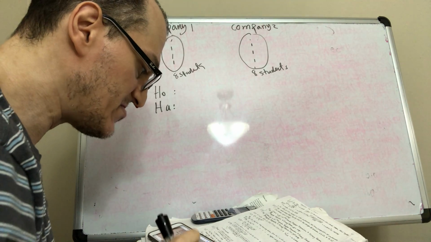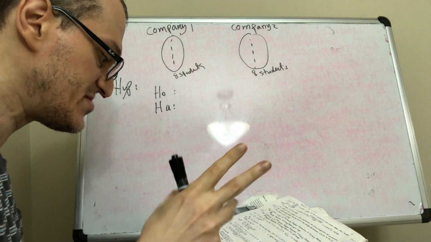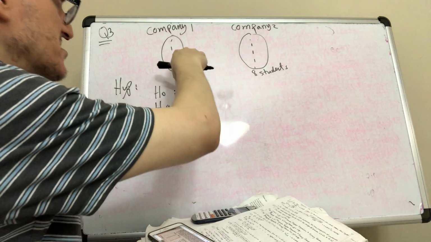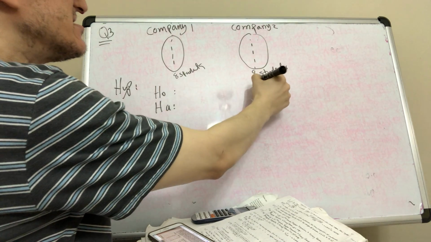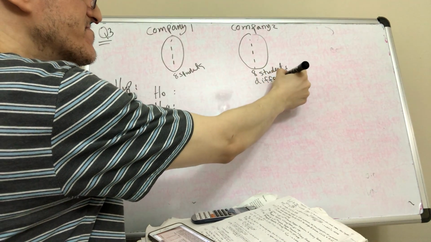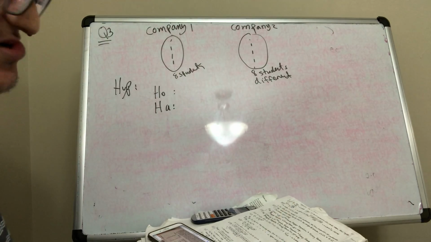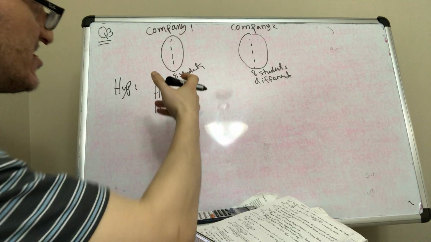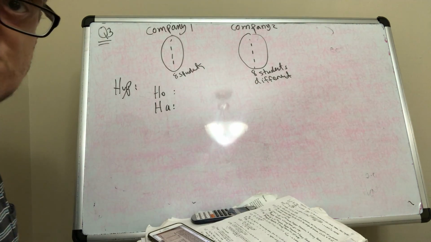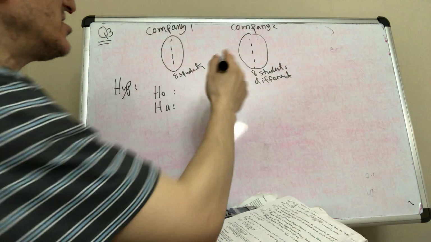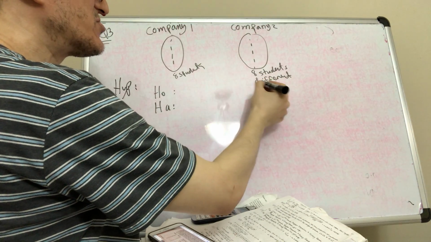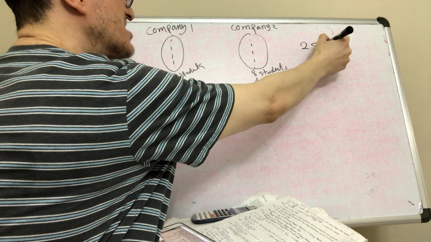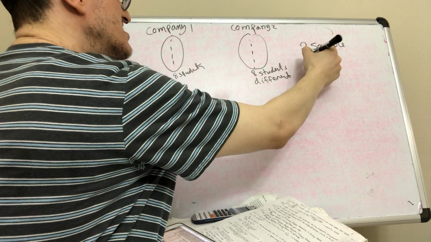If you look at the information, you have 2 different samples. 8 students using the services of Company 1 and different 8 students using the help of Company 2. It's not the same 8 students. When you have 2 separate groups or 2 different groups, you have 2 sample independent.